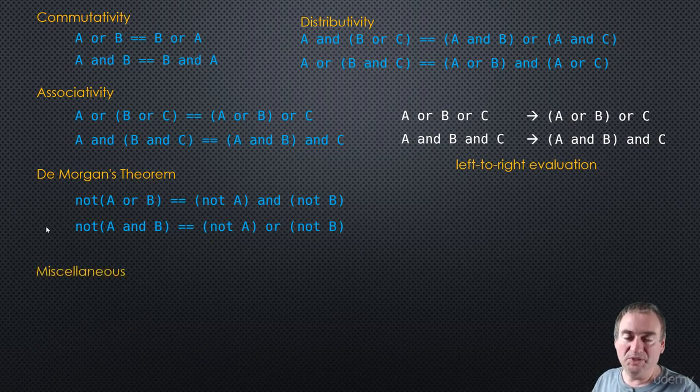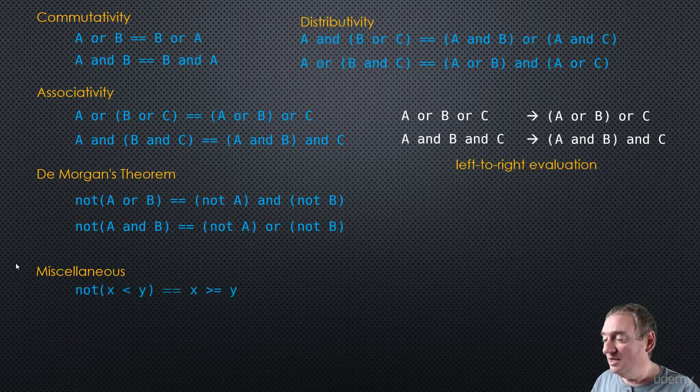And then just a few other miscellaneous things that also might be helpful when you're trying to look at Boolean expressions and maybe trying to simplify them so that you can make your if statements, for example, a little easier to understand. Keep in mind that not (x < y), so if x is not less than y, means that x is greater than or equal to y, right? So the not of that becomes this operator here.